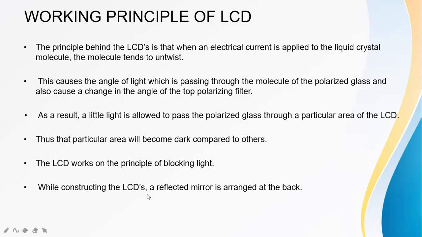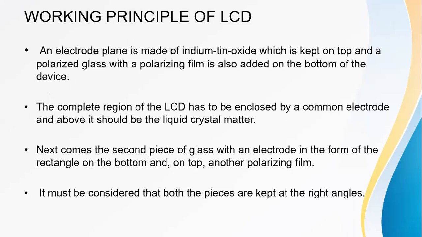While constructing the LCD, a reflective mirror is arranged at the back. Here you can find the mirror. An electrode plane made of indium tin oxide is kept on top, and a polarized glass with a polarizing film is also added at the bottom of the device.